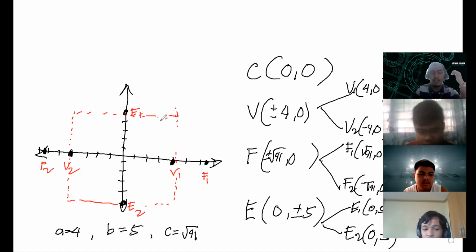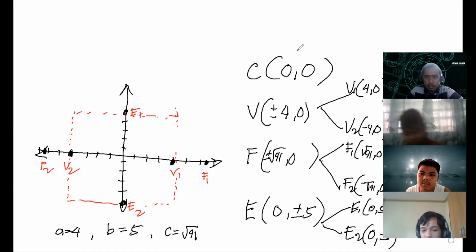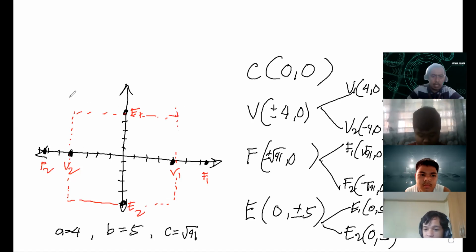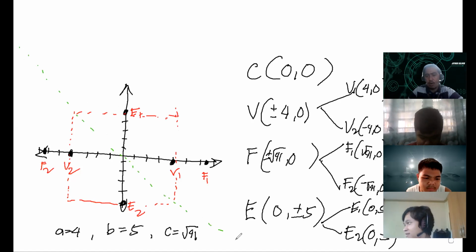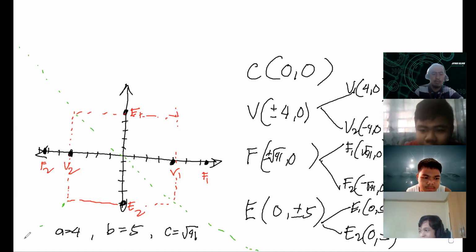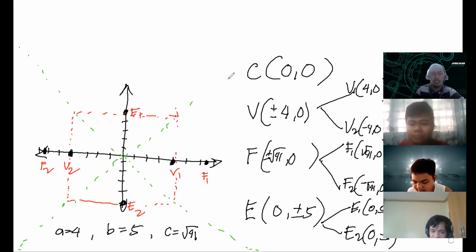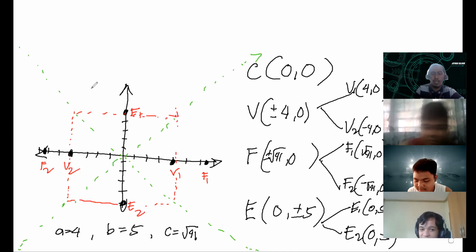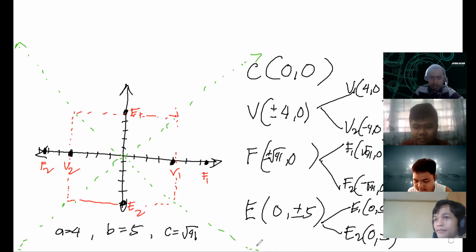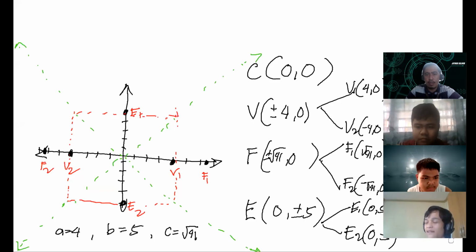Then after that, we will draw a diagonal line that passes through the center and the corners of your rectangle, as well as here. So that green line will be your asymptote.